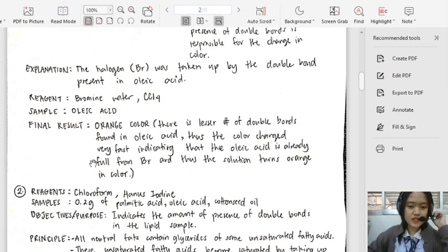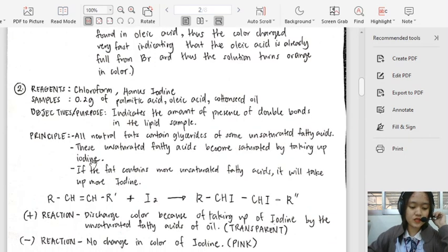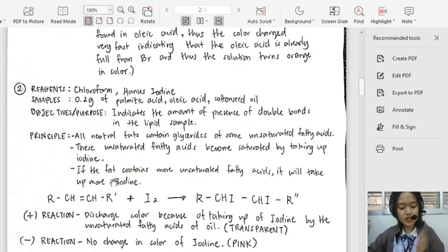Okay, next is for the sub-test 2 of test for unsaturation of fatty acids. The procedure is into 3 test tubes or stoppered vials, place 2 ml of chloroform and then add to each test tube. Okay, so mag-prepare ka ng tatlong test tubes.